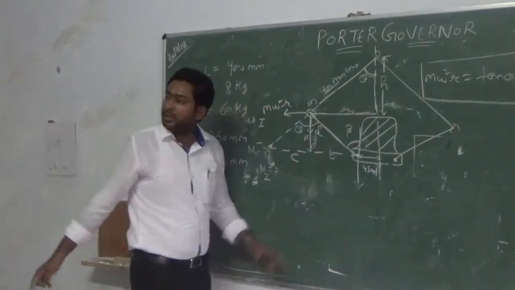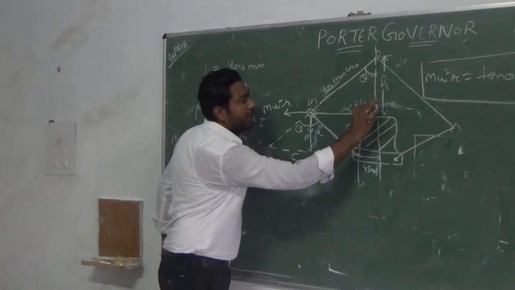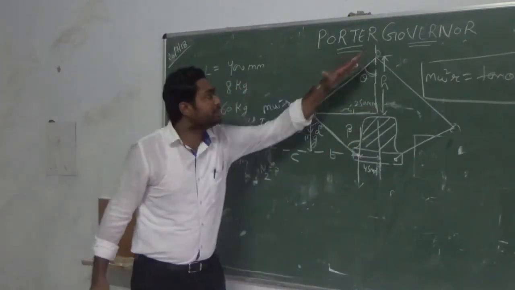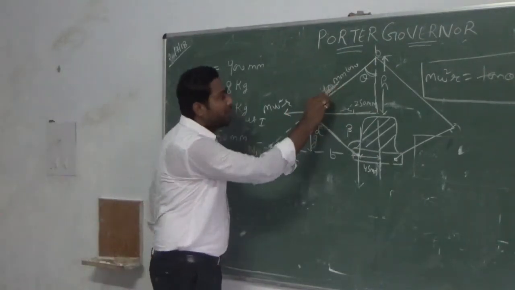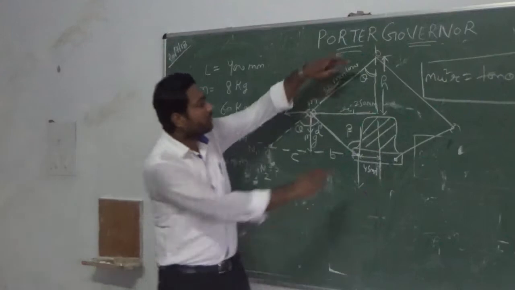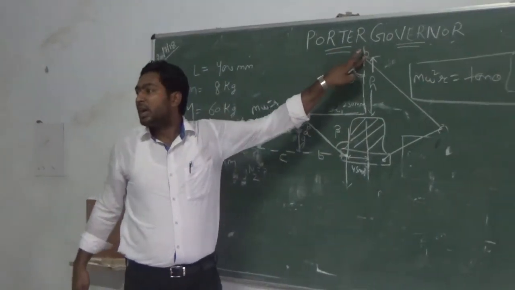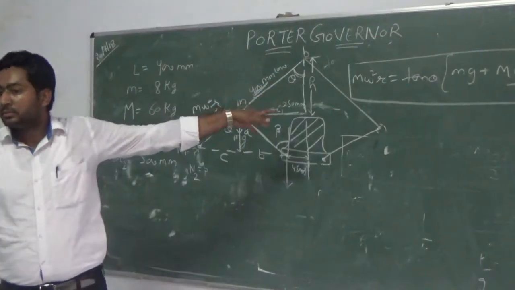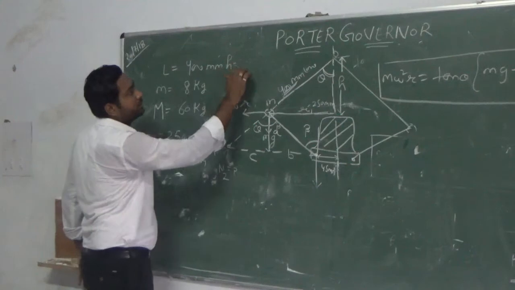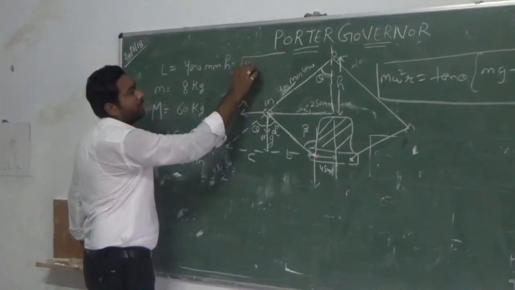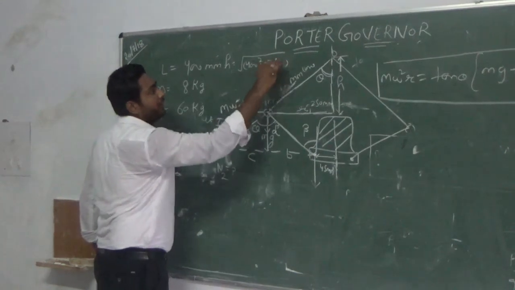r1 is given, which is 250 mm. The length of each link is given, which is 400 mm. So h1 is the square root of 400 square minus 250 square.